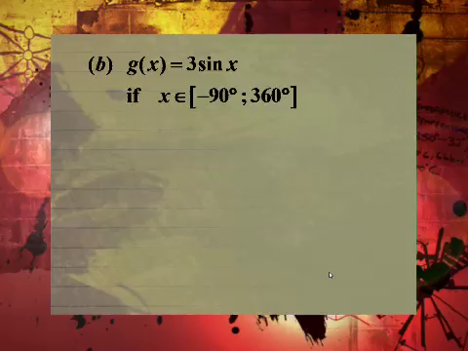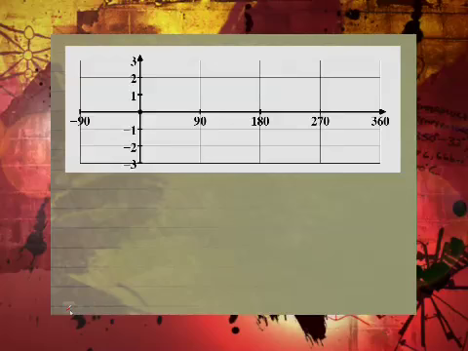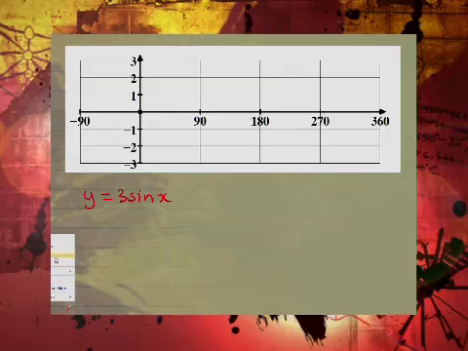Now let's look at another one. What about 3 sine? What do you think? Let's check the graph of y equals 3 sine x. Let's test some values. If we take 0, that stays 0.